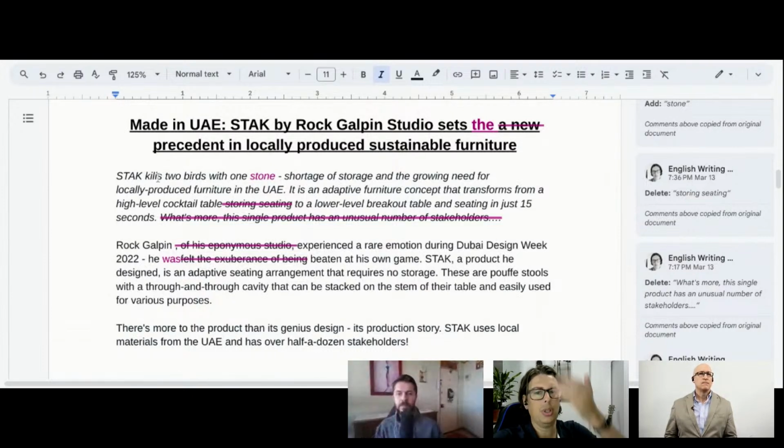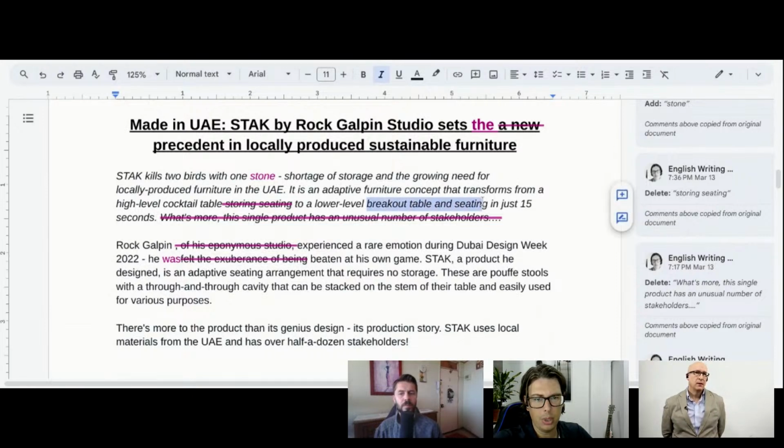Two birds with one stone is the idiom. And I've decided that some of the things in the first paragraph could be removed. So in this sentence, do we really need to know that it stores seating when in the next part of the sentence it describes the breakout table and seating? So that's one thing we could remove.